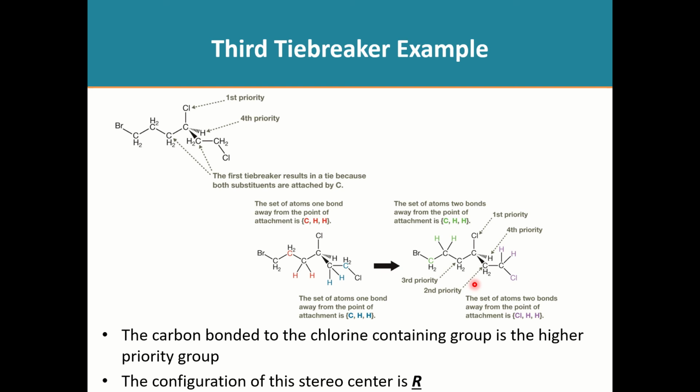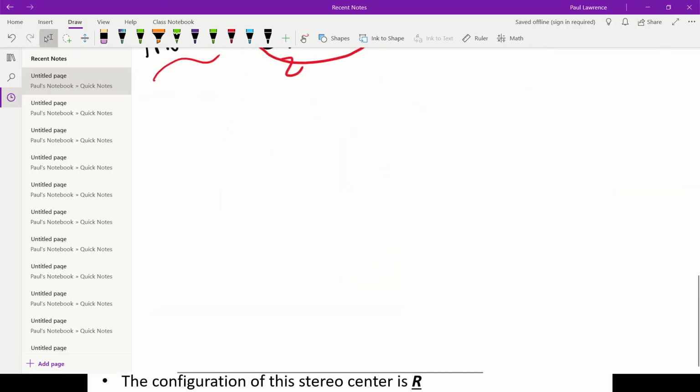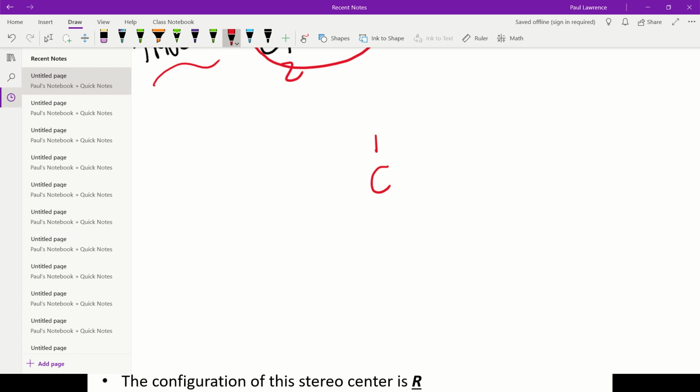And if you don't find a difference, then it's actually not a stereocenter. The groups are exactly the same, and so you made a mistake. So what I mean by that is, let's say we have a molecule that looks like this.